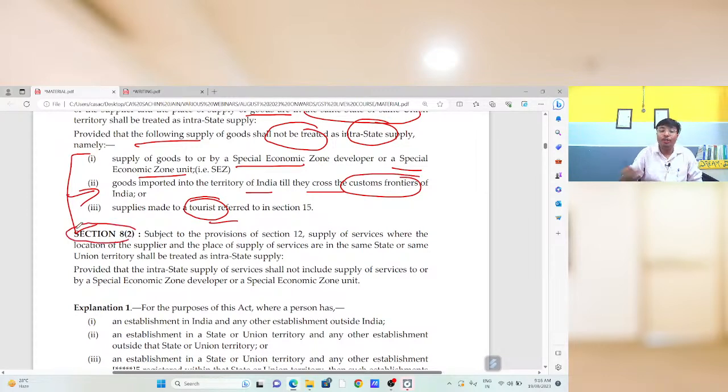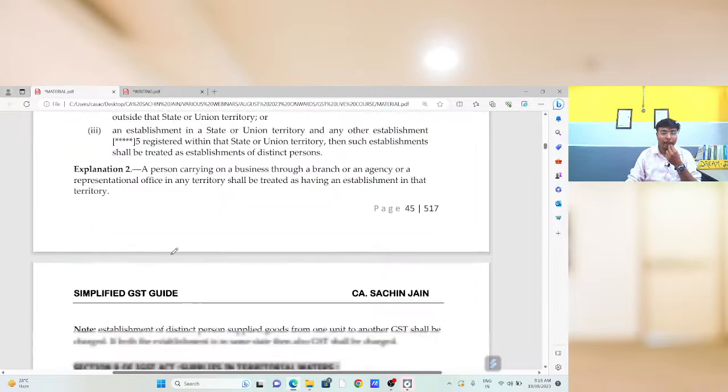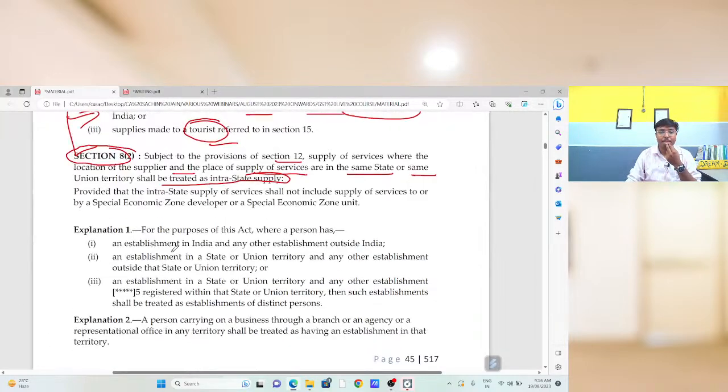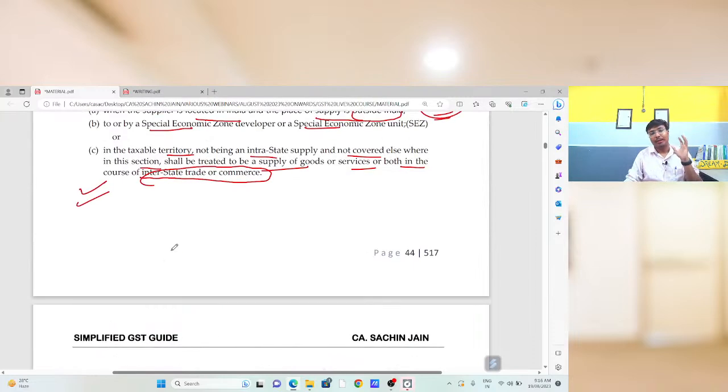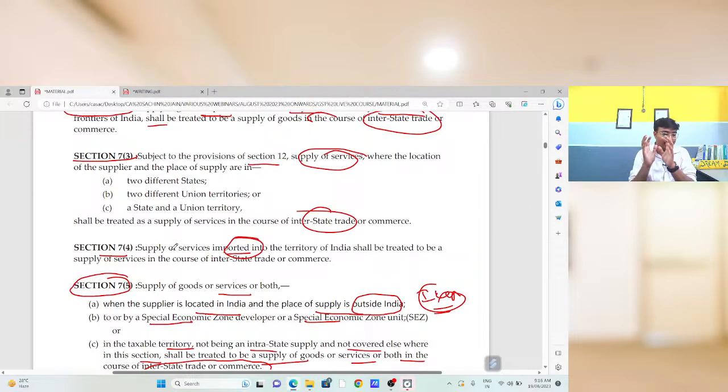Section 8, subsection 2 says, subject to the provision of Section 12, supply of services where the location of supplier and place of supply of services are in the same state or same union territory shall be treated as intra-state supply. So in case of interstate supply, whenever the supply is between two states, two union territories, or one state and one union territory, that supply is to be treated as interstate supply.